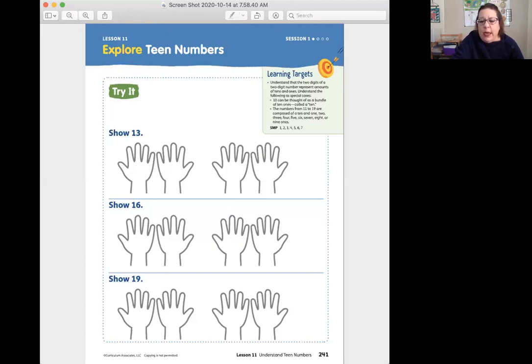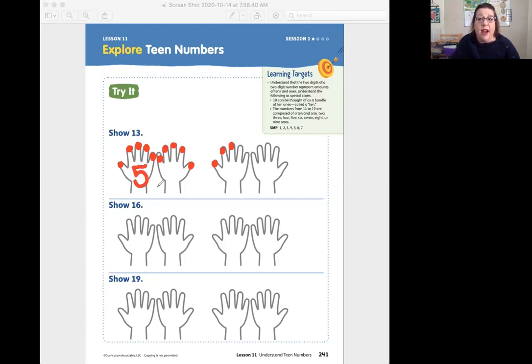So if we are showing 13, we can do it like we have done before. We can count it the long way, starting at 1, 2, 3, 4, 5, 6, 7, 8, 9, 10, 11, 12, 13.